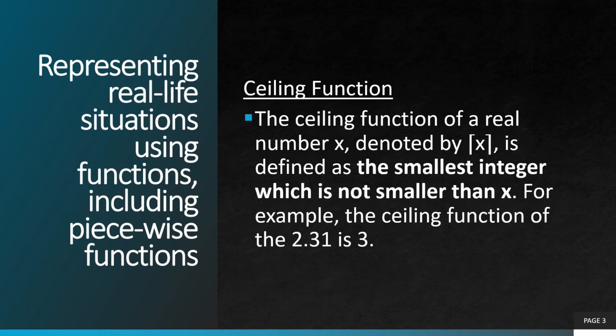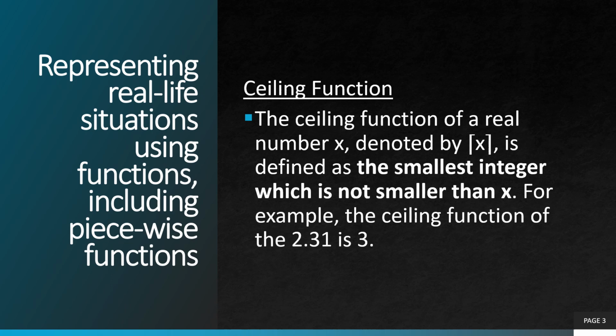To begin our discussion in function, let me present the ceiling function. This ceiling function will be used later for our problem, that is why I'm presenting this. We have here the ceiling function of a real number x, denoted by that symbol, is defined as the smallest integer which is not smaller than x.